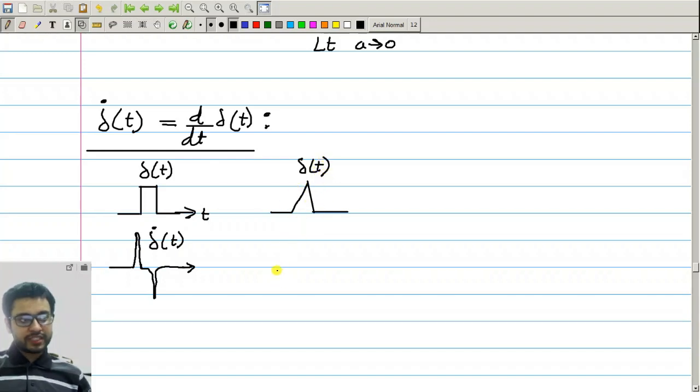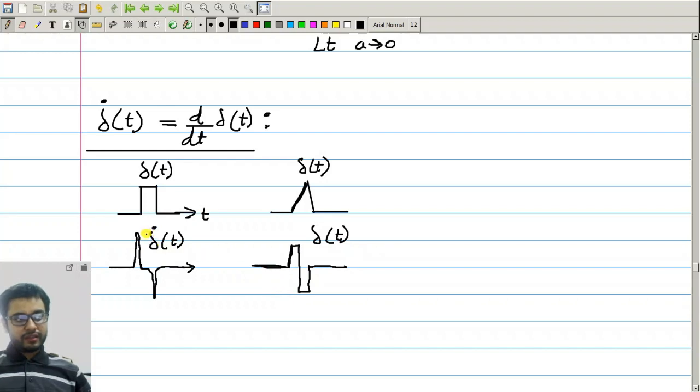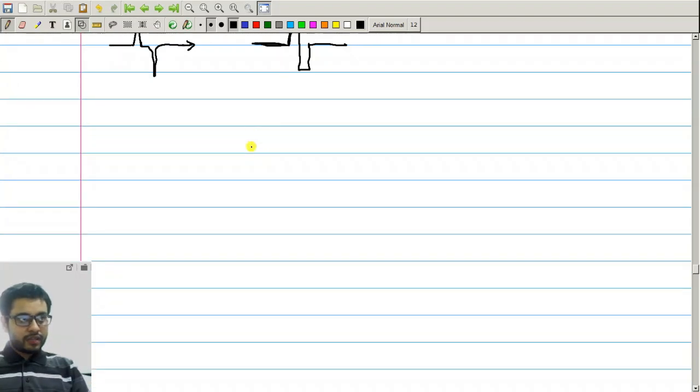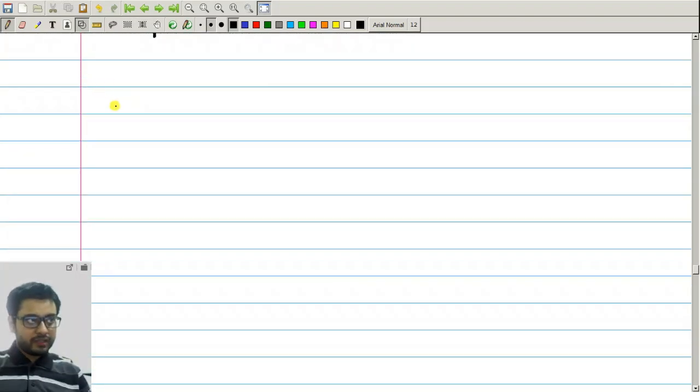Then if you differentiate this function, on the left side you will get a positive slope like this, and on the right side you will have a negative slope like this, and this is how you may imagine the derivative of the delta function. That's for your visualization.